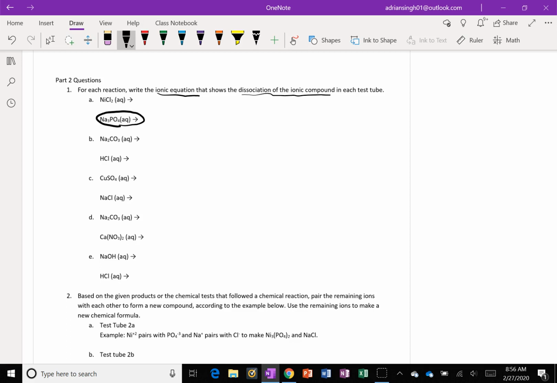So sodium phosphate is made up of the sodium ions, and we have the phosphate ions, PO4. The subscript here for the sodium becomes the coefficient, so we'd get 3 of the sodium ions, and then we just have 1 of the phosphate, and remember phosphate is 3-. That's all you're doing for each of these ionic compounds.